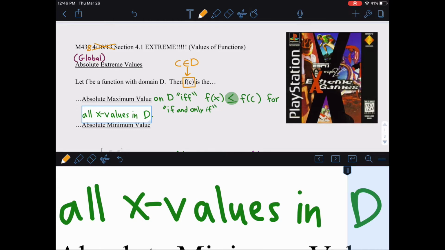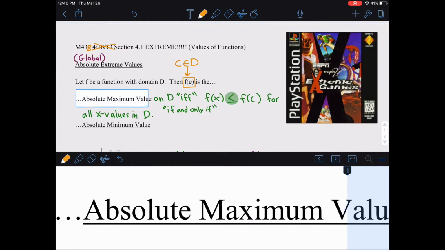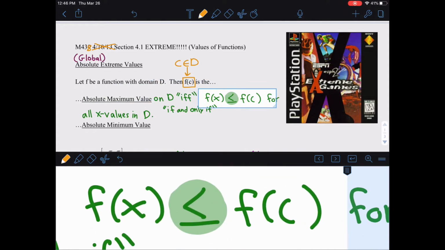What are we saying here? f of c is the output of a function, because we've taken c, plugged it into the function, and now we have an output. That output is the absolute maximum value if and only if all of the other outputs are less than or equal to the output we started with, which is f of c. So that's an absolute maximum value.